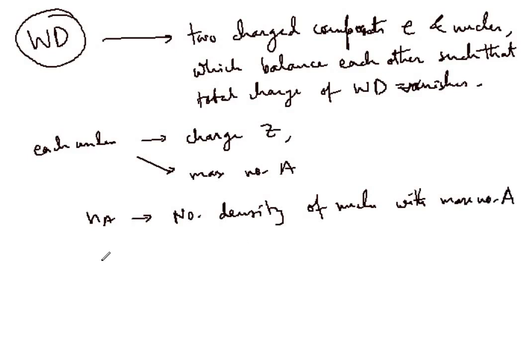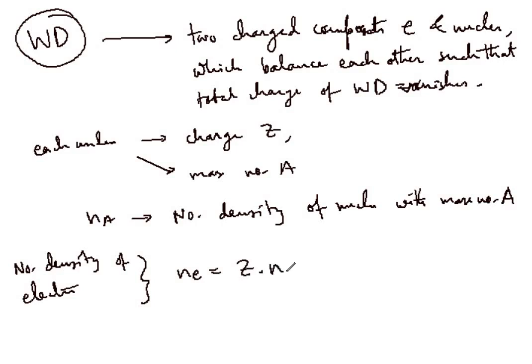And so the number density of electrons is given by Ne is equal to Z into Na, and this is just equal to the number of protons in the white dwarf.